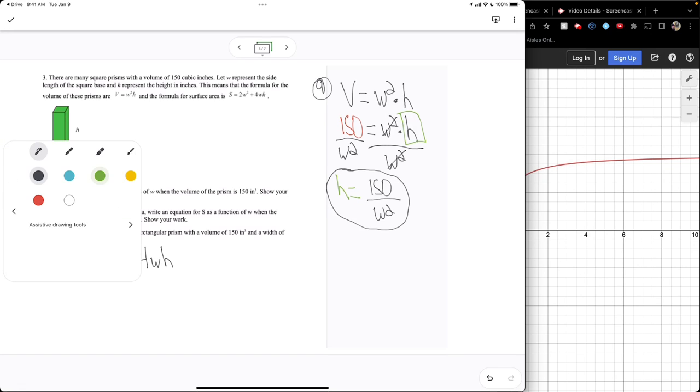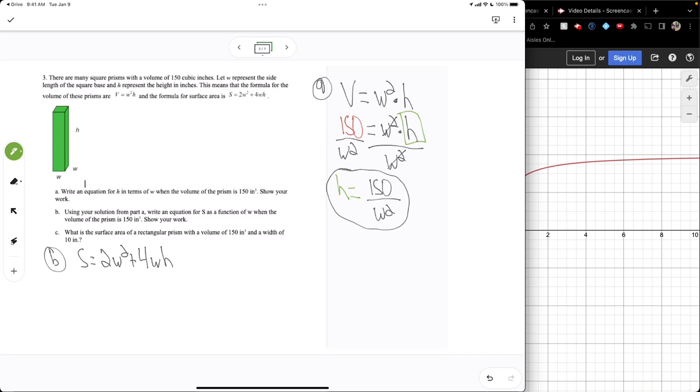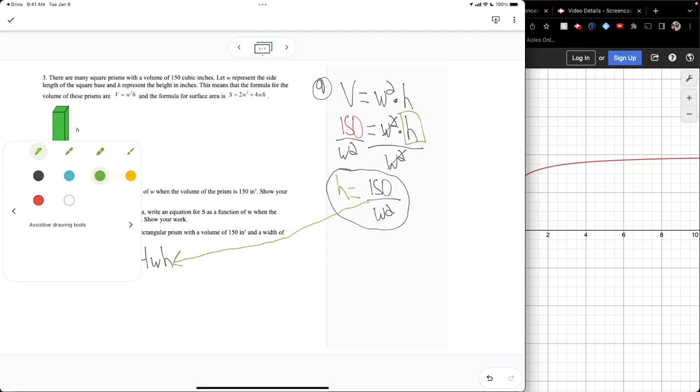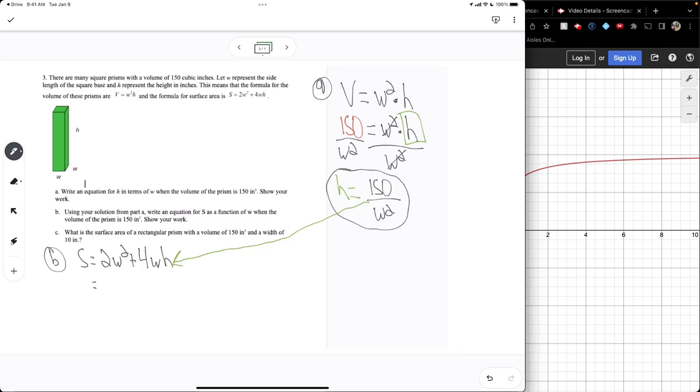And just like I did in the CYU and in lesson 16, I'm simply going to take this and substitute or plug in that expression for H. So that will give me 2W squared plus 4 times W times H, where I'm going to replace H with 150 over W squared.